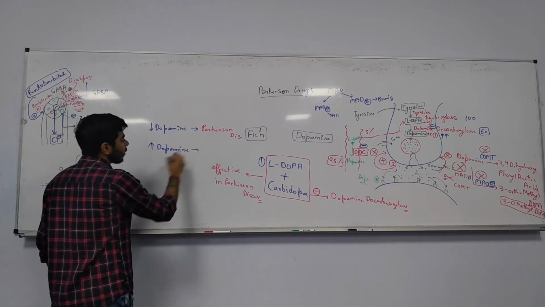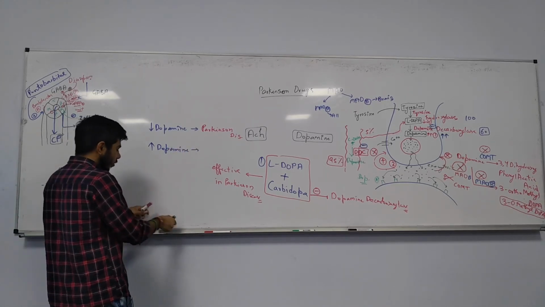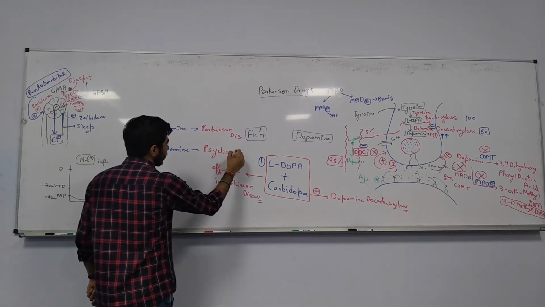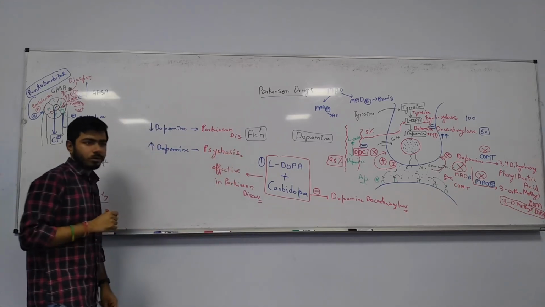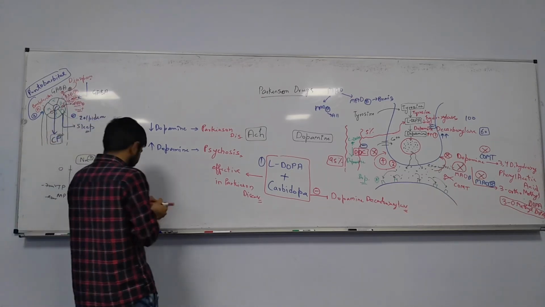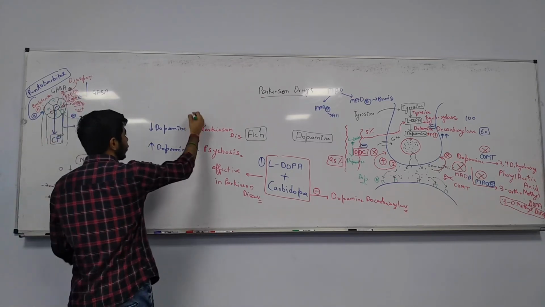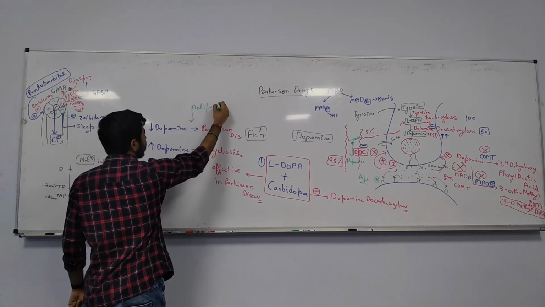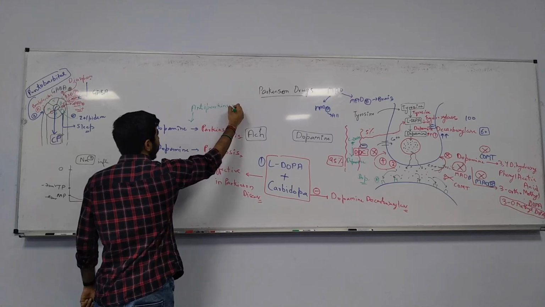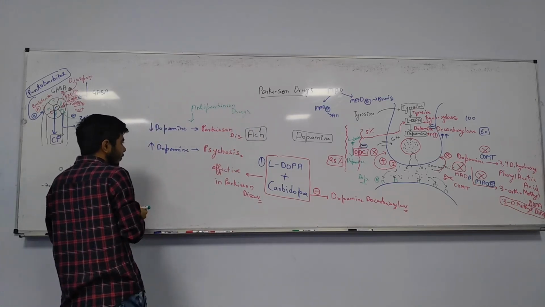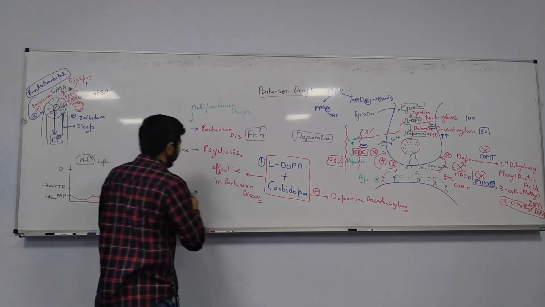More dopamine inside the CNS, we are calling that psychosis. For solving this problem, we are using anti-Parkinson drugs, and for solving that problem, we are using antipsychotics.